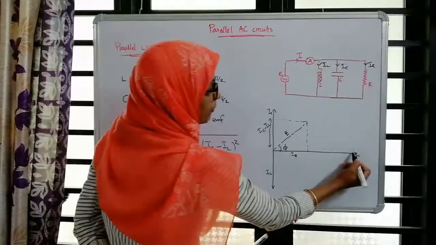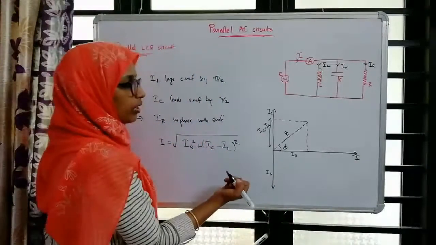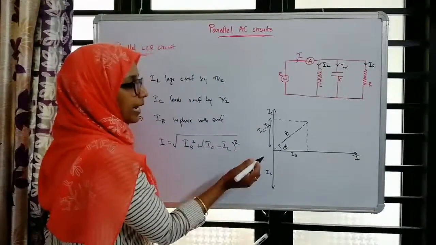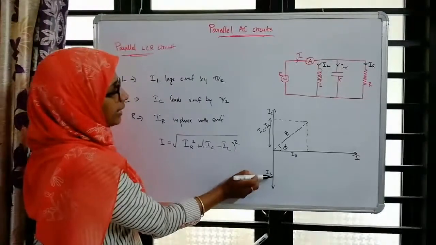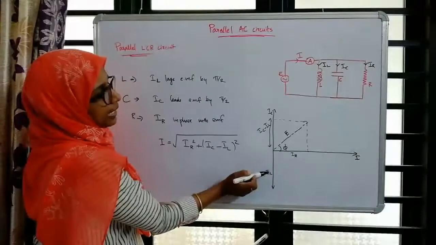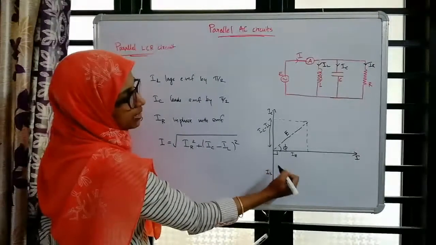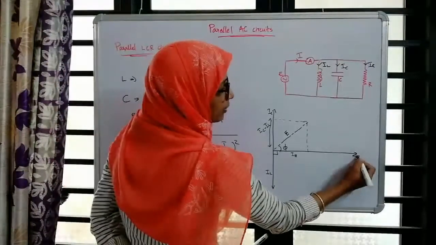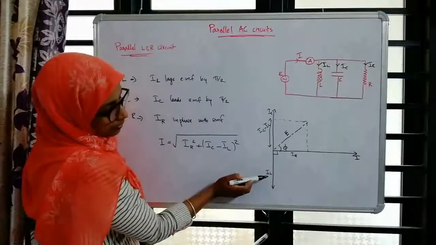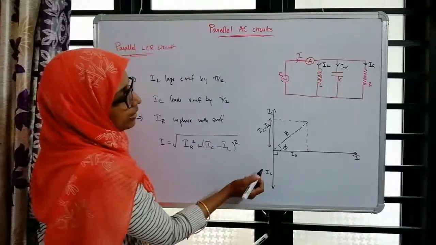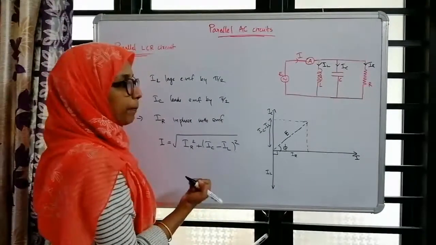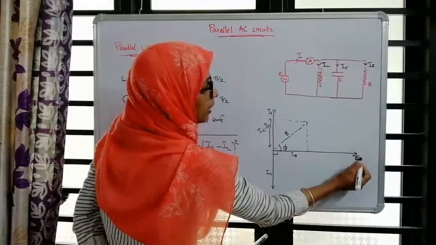IR is in phase with the applied EMF. And IL is lagging the EMF by an angle pi by 2. And this will be the EMF.